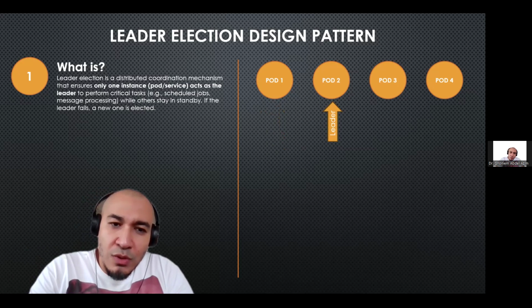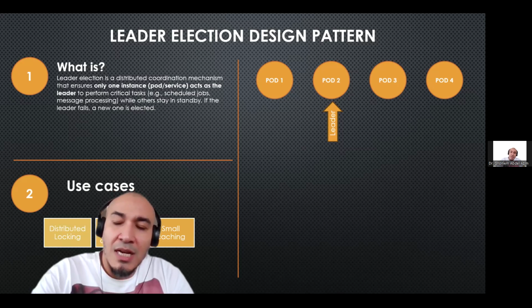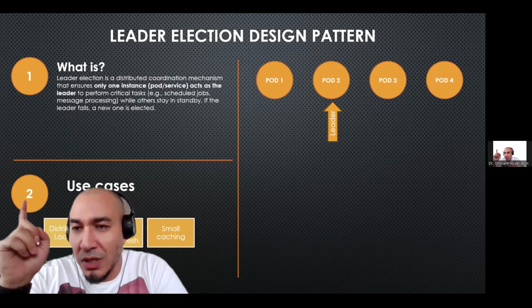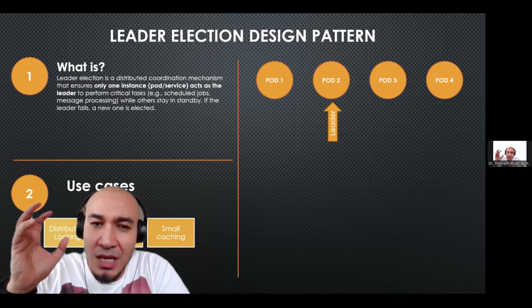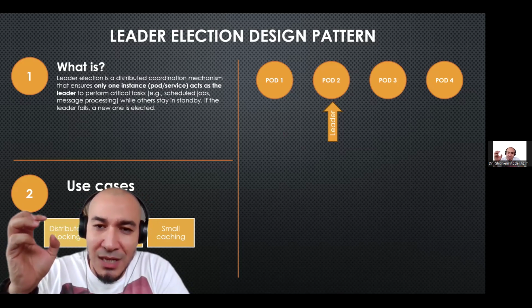So moving forward, what are the most well-known use cases regarding the implementation of the leader election design pattern? Sometimes for the centralization of the locking approach, we need only one instance to take the leadership for implementing the locking mechanism across all the instances of the microservice.